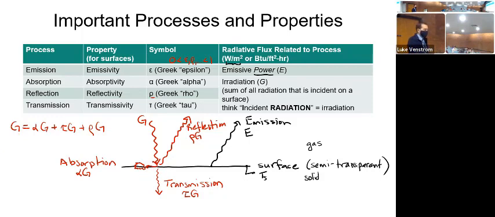You can almost think of it like a little thermal circuit, where there's a node right here, and G went in, and absorption, transmission, and reflection came out. So if you add them all together, there's a common G in each term, which means 1 must equal alpha plus tau plus rho. This is always true. If you add up the reflectivity, the absorptivity, and the transmissivity, you have to get 1. Everybody see that? Does that make sense?